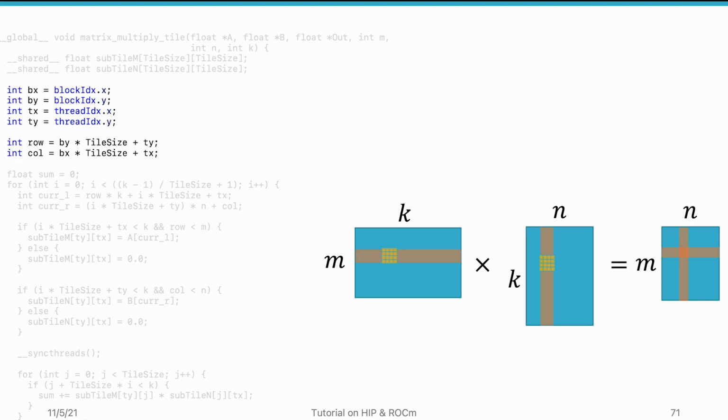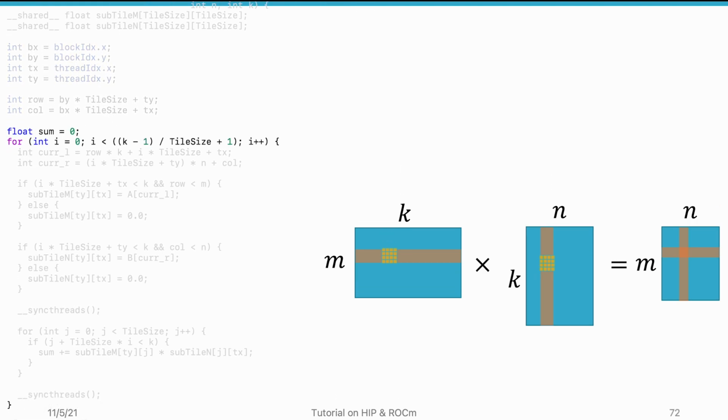And we can calculate the row ID and the column ID of the thread in the output matrix. Then we have the loop. How many iterations do we want to run? We don't want to run k iterations. We only want to run k divided by tile size. Of course, here we need to do a round up operation, which is where the (k minus 1) divided by tile size, plus 1 comes from.